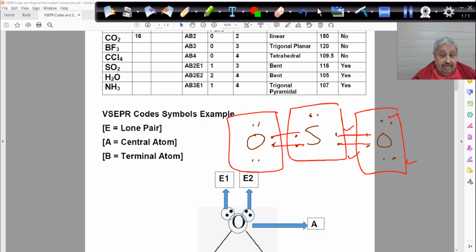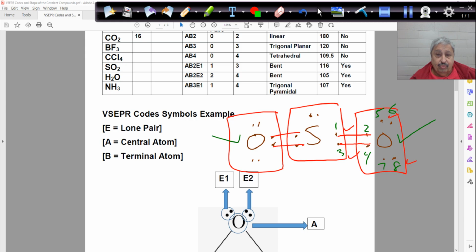Each set is 2 electrons, so it makes 8, correct? You want to verify it? We can verify this. So 1, 2, 3, 4, 5, 6, 7, 8. So oxygen is good. And the same thing with that one, that's good too. So you can calculate the same thing.